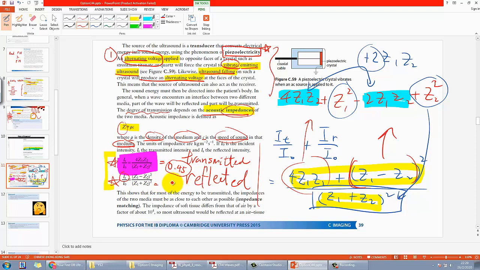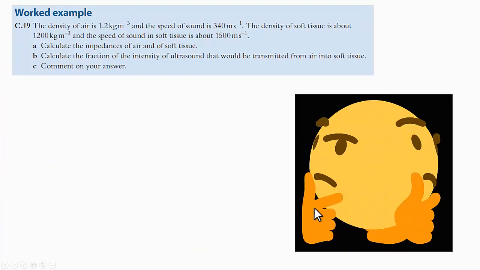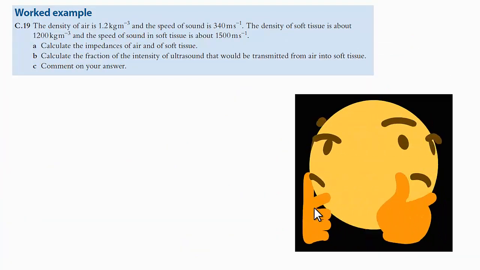You simply do 1 minus 0.45, which is 0.55 in that case. So that is basically what you need to know for ultrasound so far. I want you to do this example, so pause the video now and we'll check the answer.